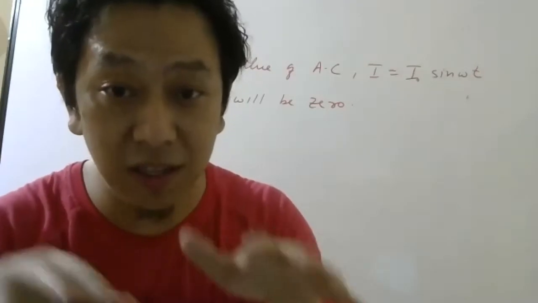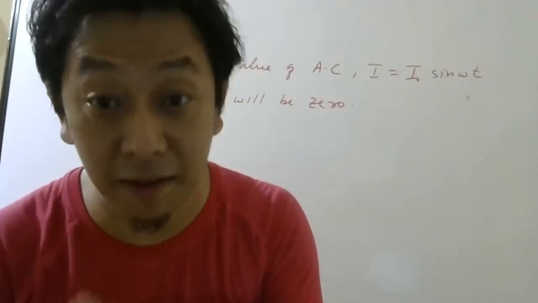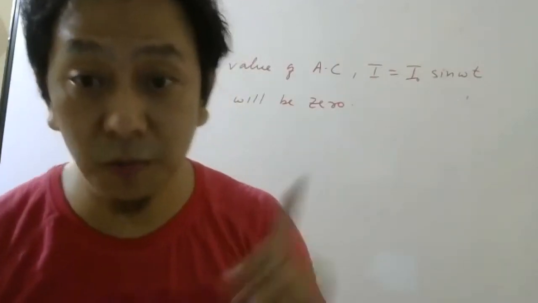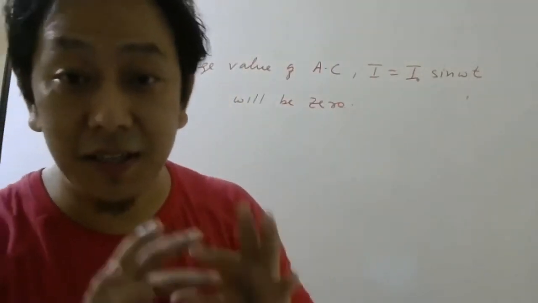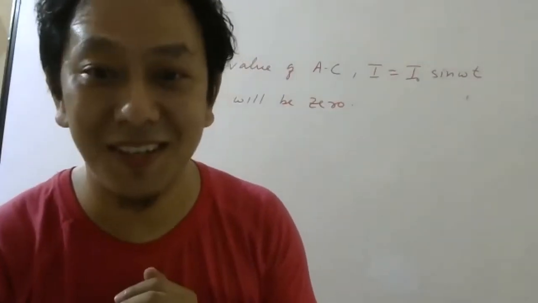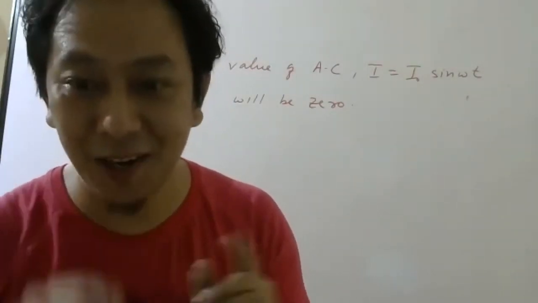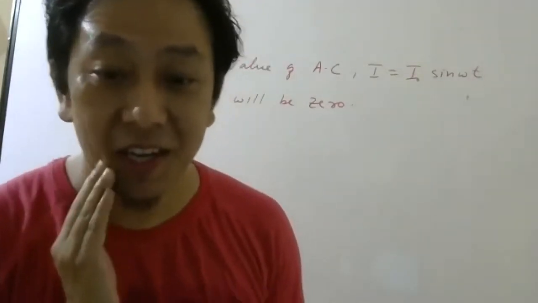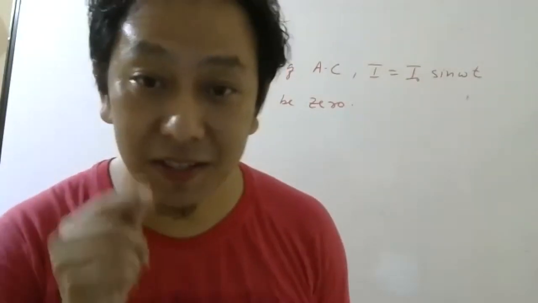So usually when things change, we calculate the average to know the effect of the changes. The problem with this kind of current is the average value is how much? The average value of this kind of current is 0.